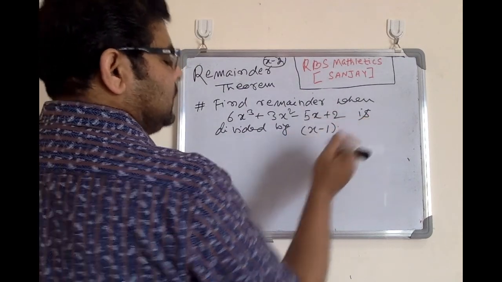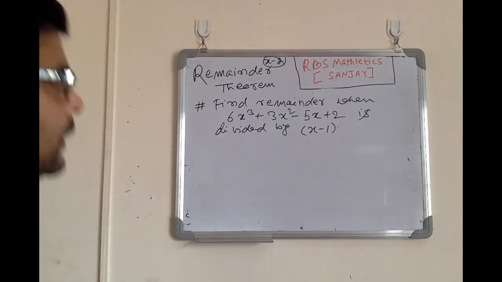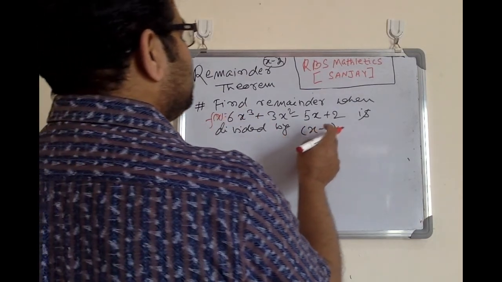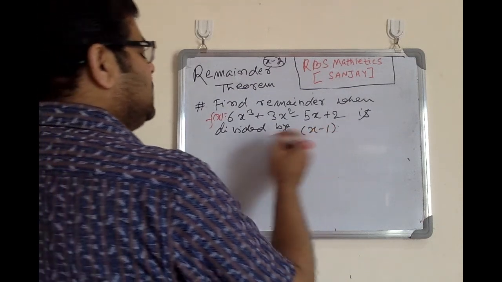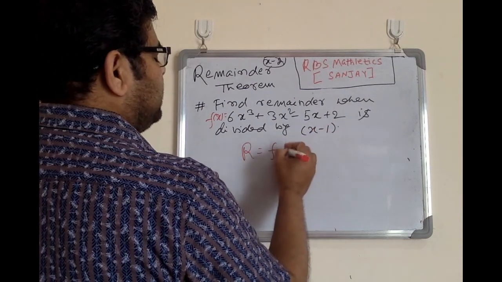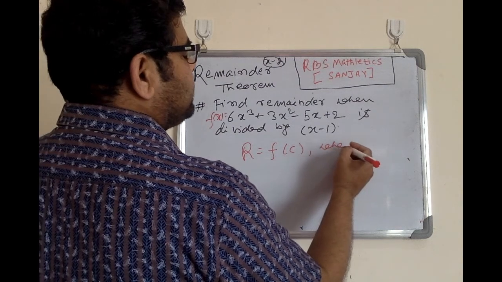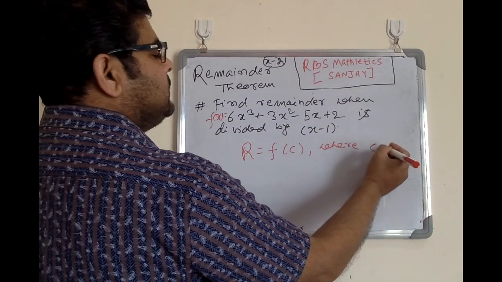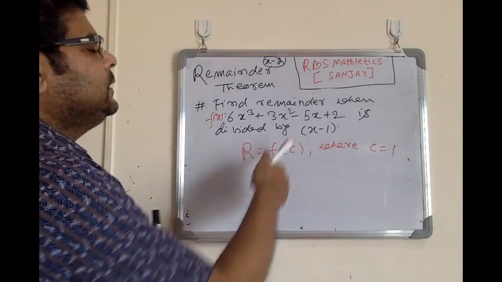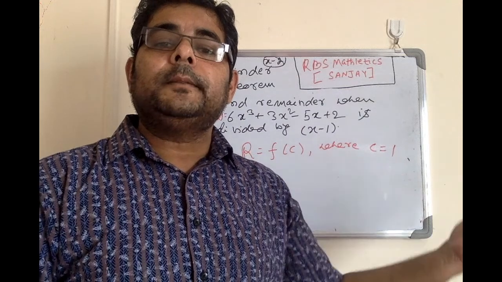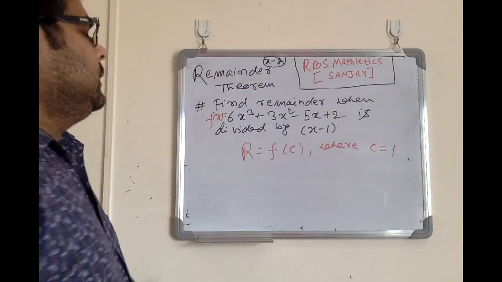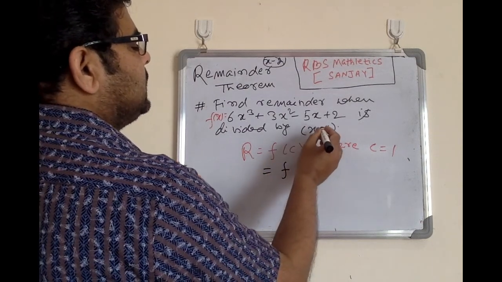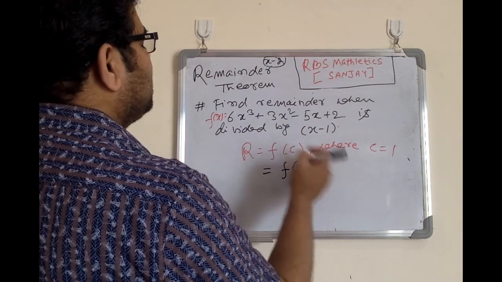When we divide by this, your remainder will give f(c), where you can see from the question that as it is x - 1, your c value is going to be +1. What if it were x + 1? Your c value would be -1.